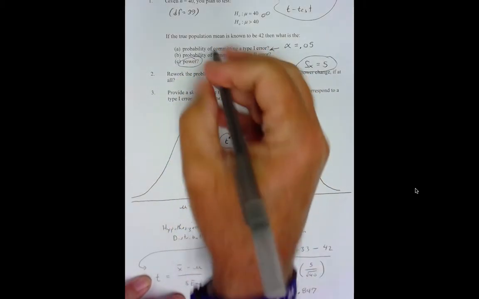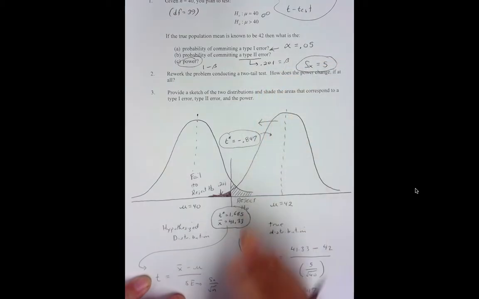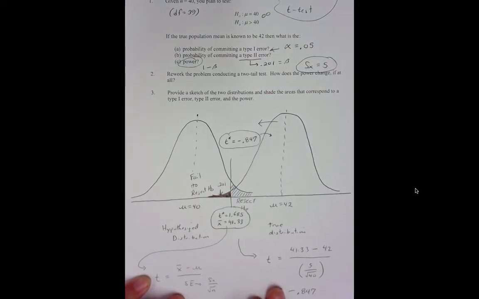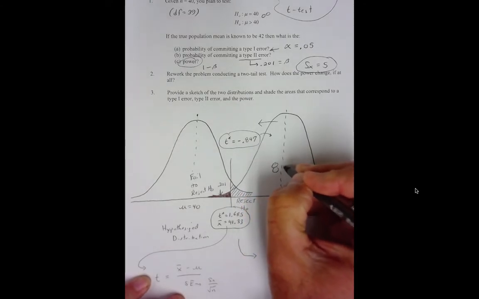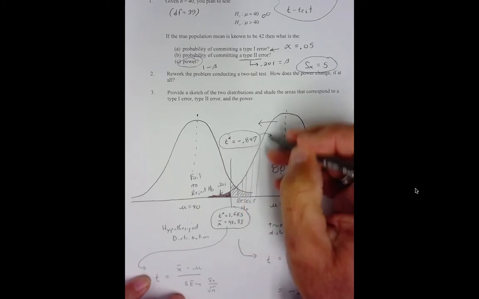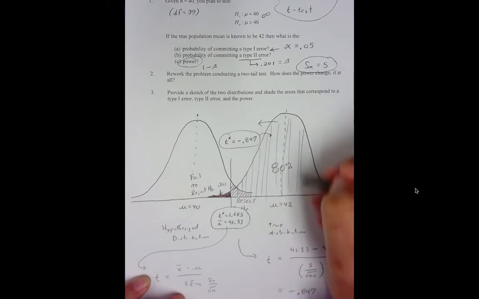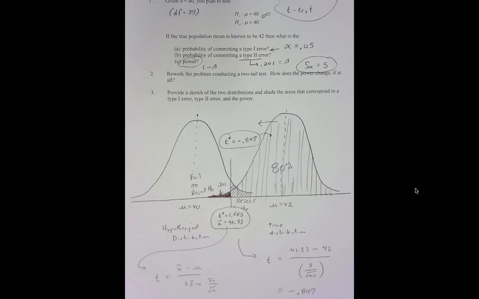Taking me to my third question, what's the power? Well, guys, we know the power is always 1 minus beta. This 0.201 is equal to beta. So the power is just 1 minus 0.201. And if everybody's okay with that, I'm just going to call that 80%. So this part right here is actually the power of your test.